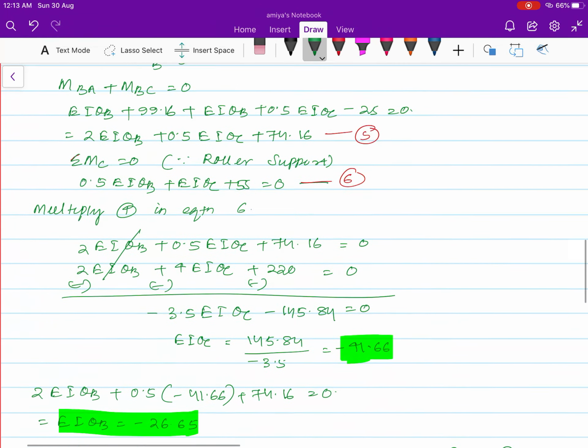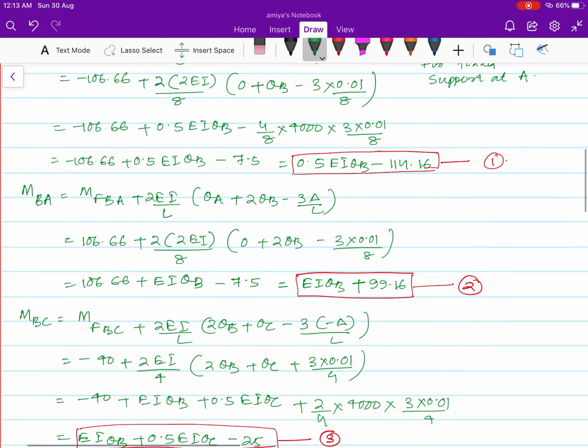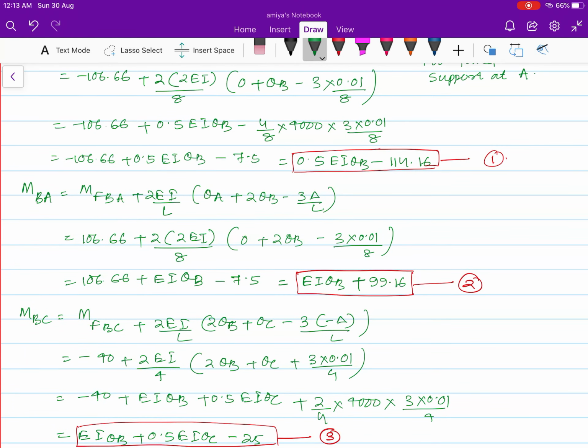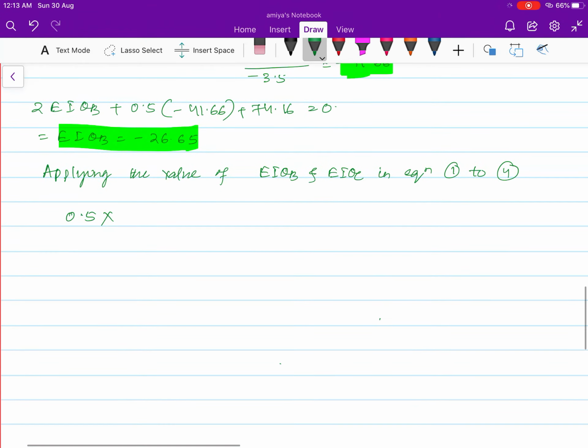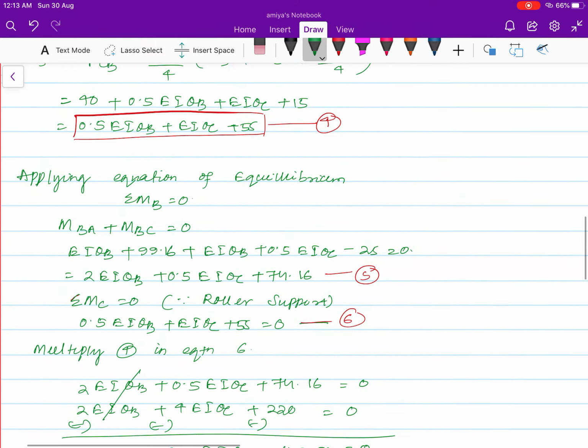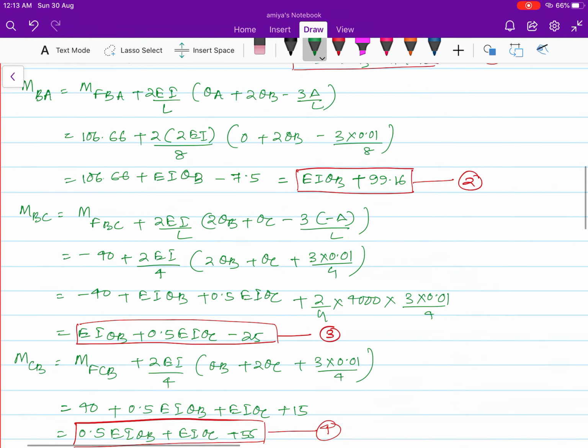So our equation 1 is 0.5 into EI theta B, that is minus 26.65, minus 114.16.